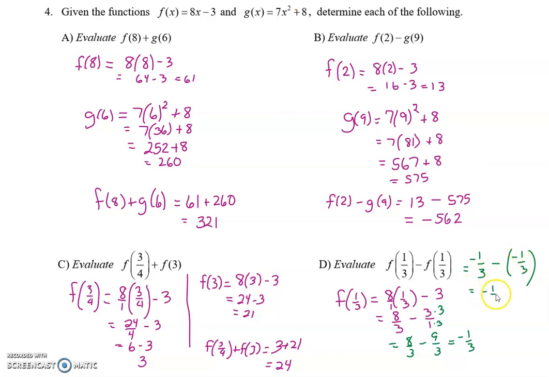And so that's negative 1/3 plus 1/3, which is 0. And that does not surprise us, does it? Because if we had looked closely at this problem, we might have noticed that we were taking a number, f of 1/3, and subtracting it from itself. And that will always give you a 0. Hope that helps.